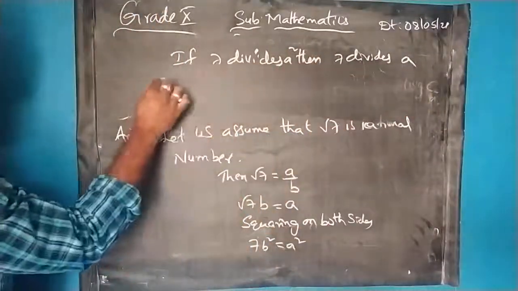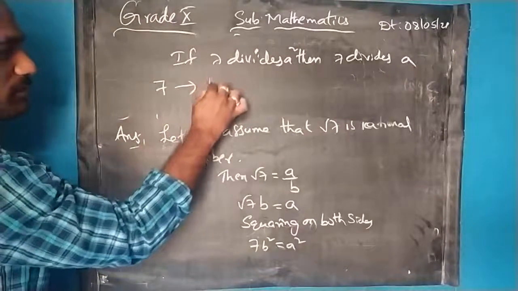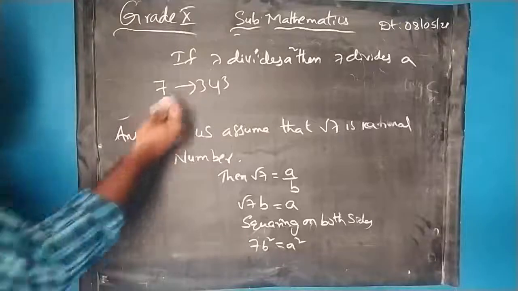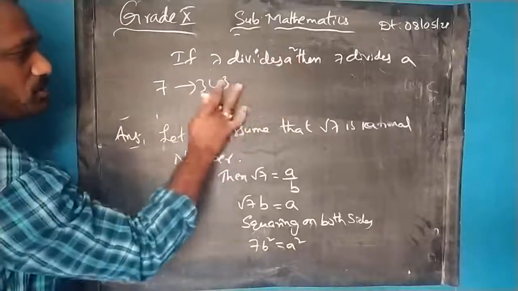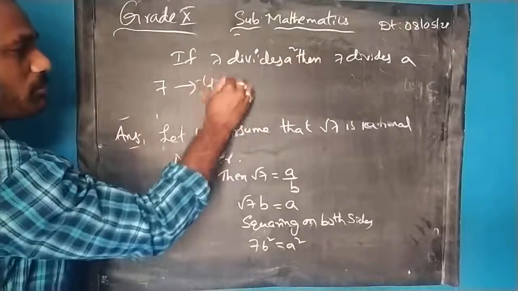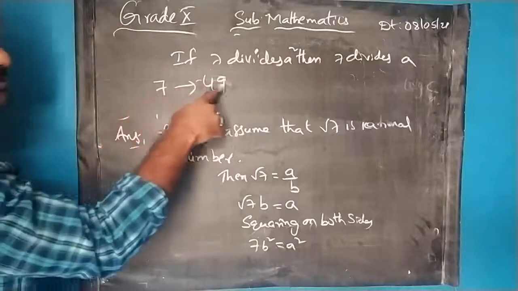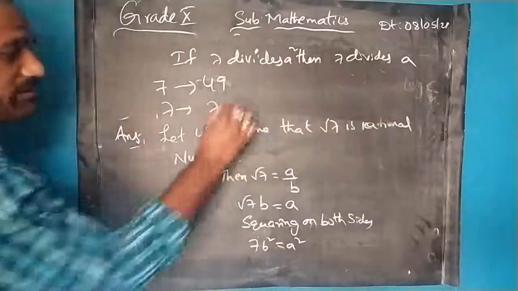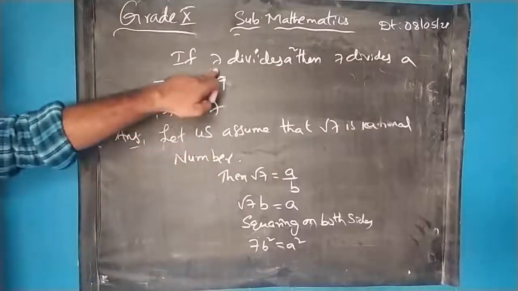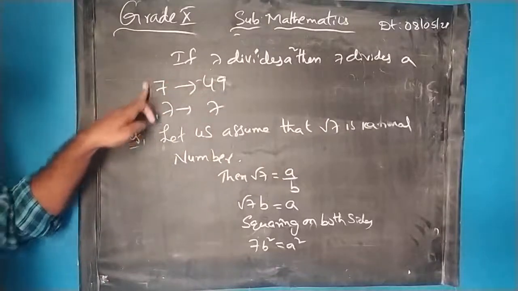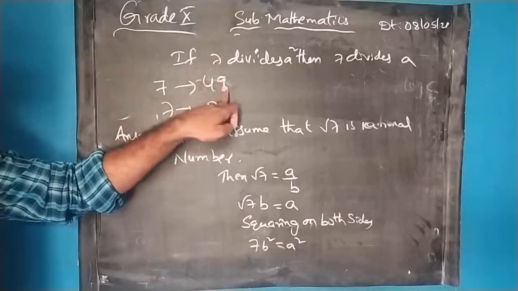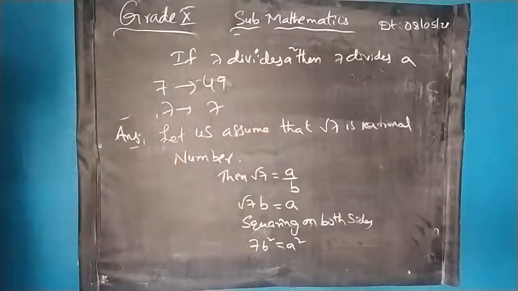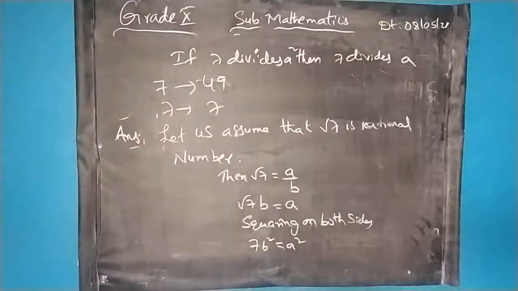For example, we know that 7 is a divisor of 343, because 7 cubed is 343. Here we are talking about square, so let us take 49. So 7 divides its square means 7 divides its original number, that is 7. Why? Because 7 square is 49. So if a number divides its square number, then definitely the number is divisible by itself. So that's what the statement means.